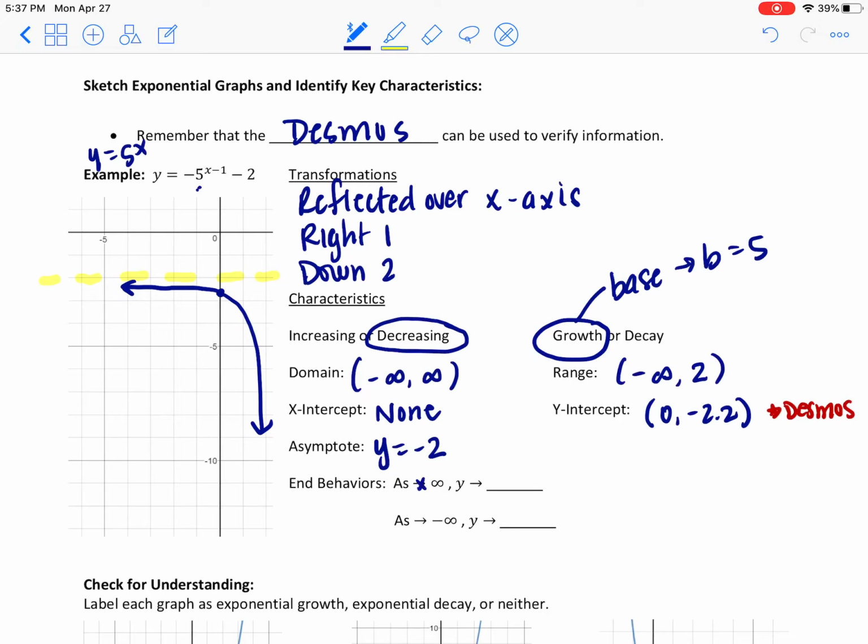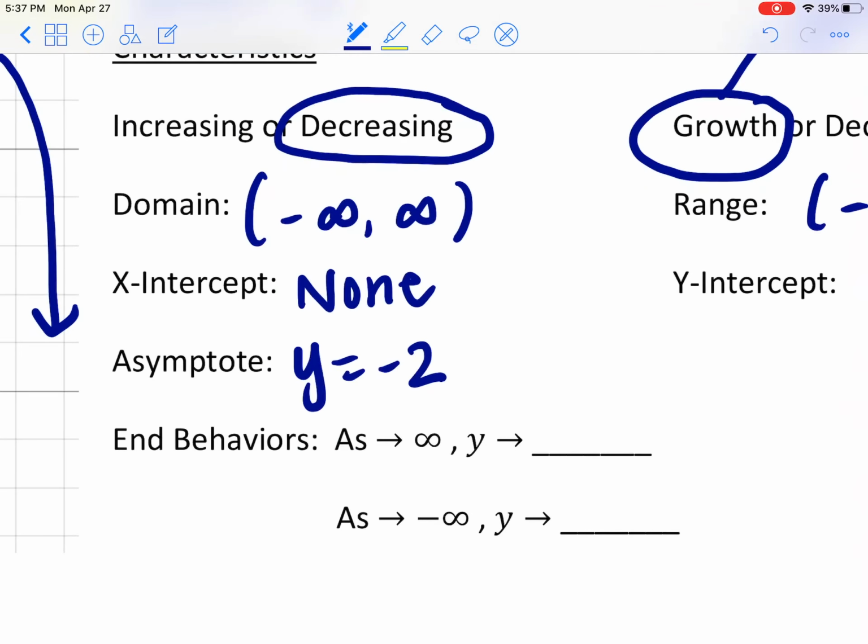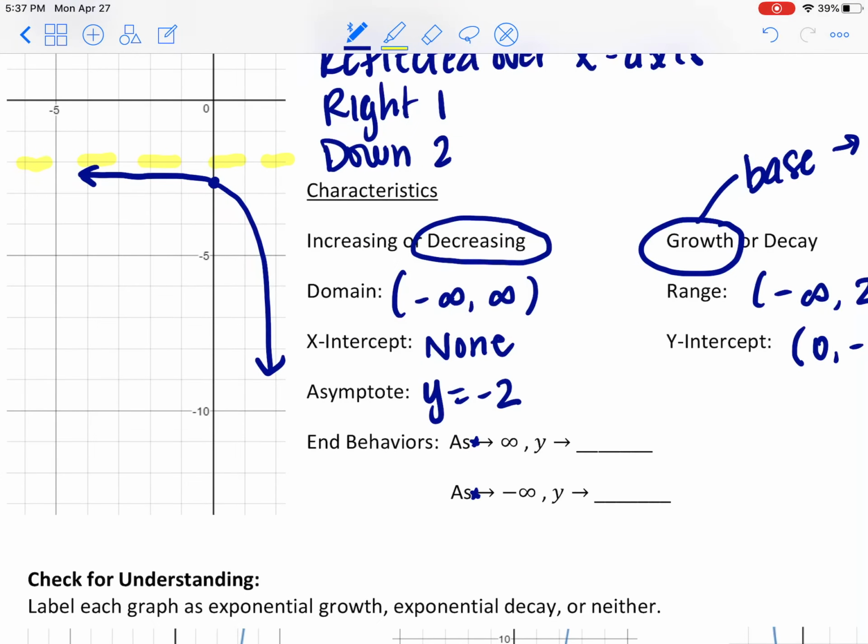And then the asymptote, we sketched that in, and again, this should have made sense. Instead of being at 0, like it was with the parent function, the whole graph shifted down 2, so did the asymptote. Shifted down to y equals -2.